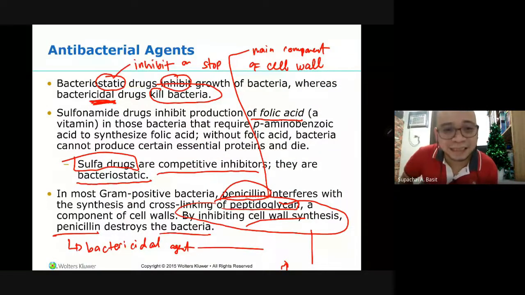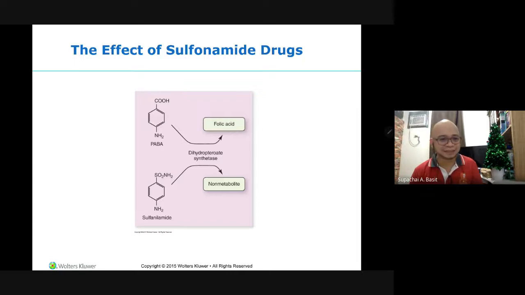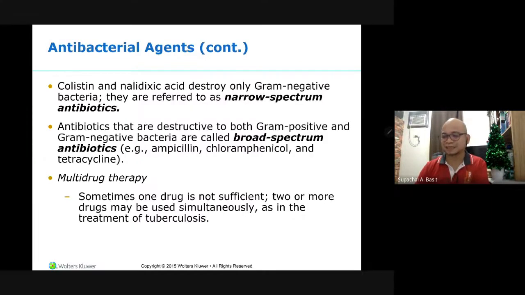Penicillin is an example of a bactericidal agent. This is what I told you a while ago: drugs such as sulfa drugs actually mimic para-aminobenzoic acid. Since they mimic para-aminobenzoic acid, they interfere with the synthesis of folic acid.